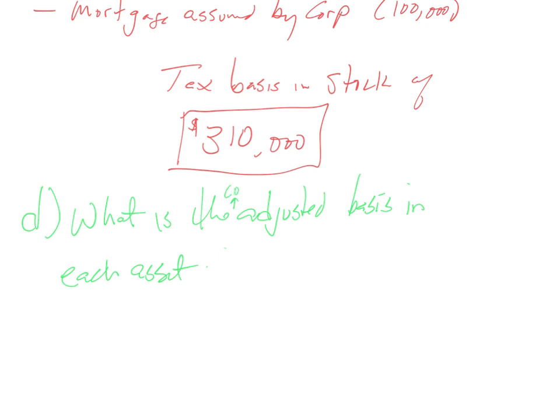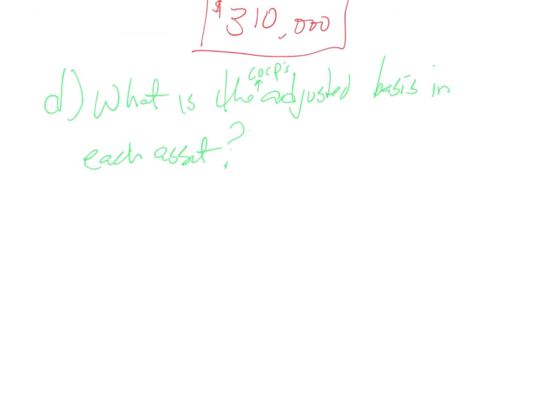Add: what is the corporation's adjusted basis in each asset. All right, that way it's clear. Okay, we'll just write down the assets that we have.